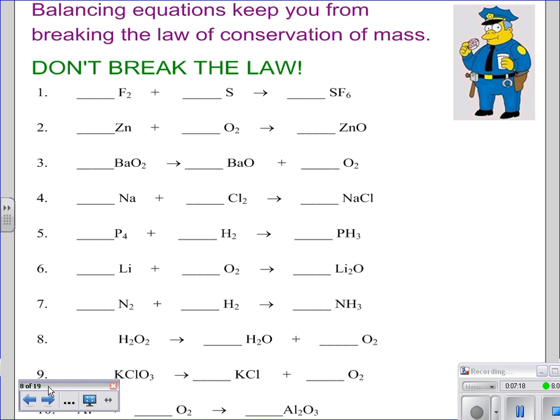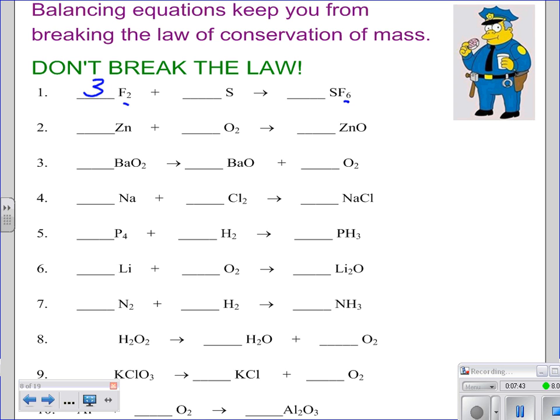But on this whole set, remember, I cannot change the subscripts. Those are written perfectly. All I can do is add in a coefficient. So I would start with this, and I'd say, well, I've got 2 fluorines. Here I've got 6 fluorines. So I'm just going to add a 3, and that fixes the fluorines. You've got 6 fluorines on each side. And what about the sulfurs?